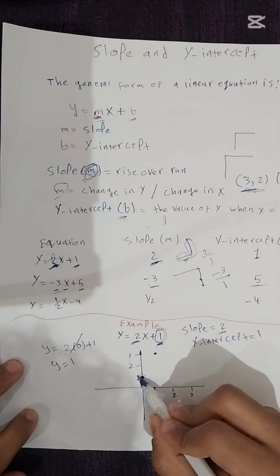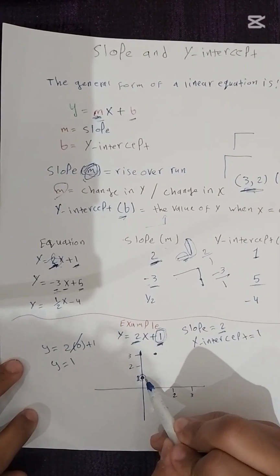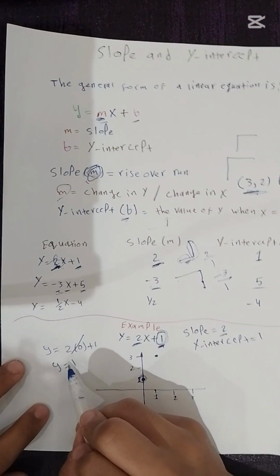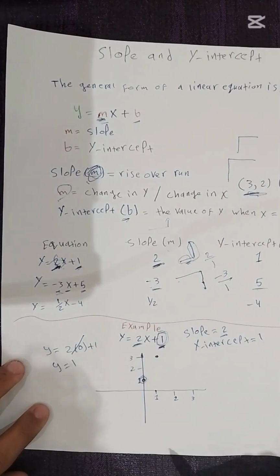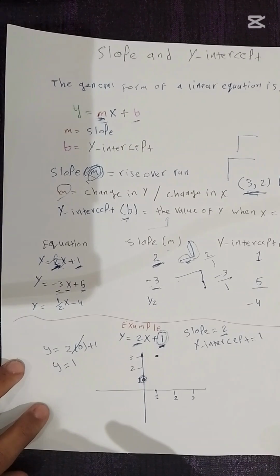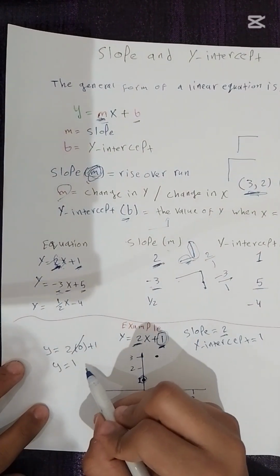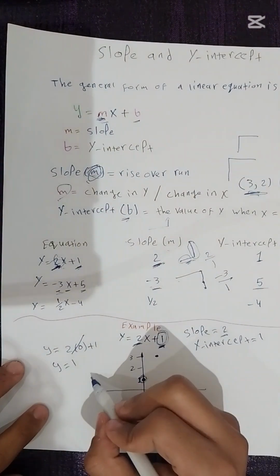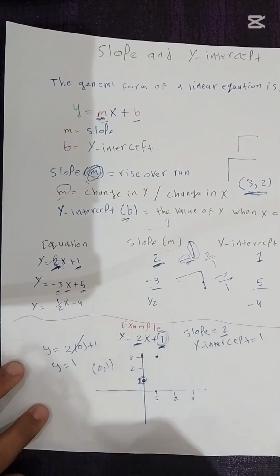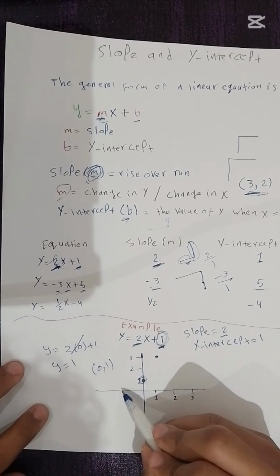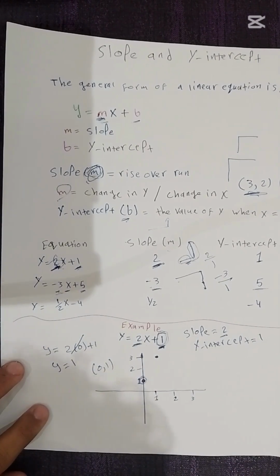So we find the y-intercept here. We substituted the x with 0 to find the start point. So the start point is 0, 1. How can we find the second point?